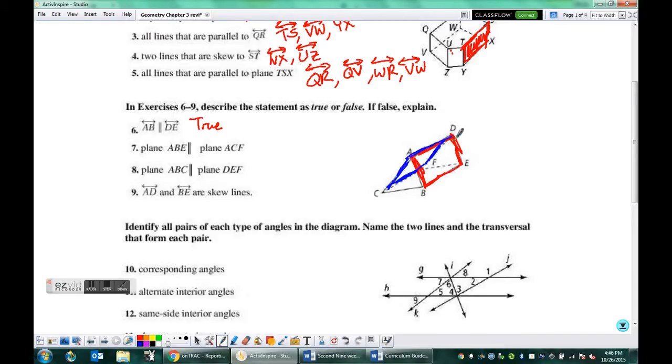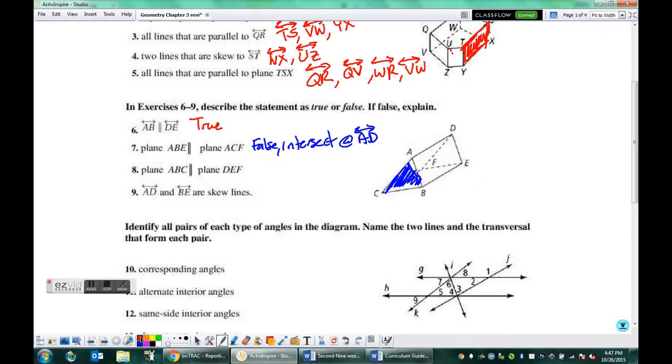If you were to look at these two, I'll do ACF in blue here, they intersect or overlap at AD. So it's false. They intersect at line AD, they're going to overlap. It's like a hinge.